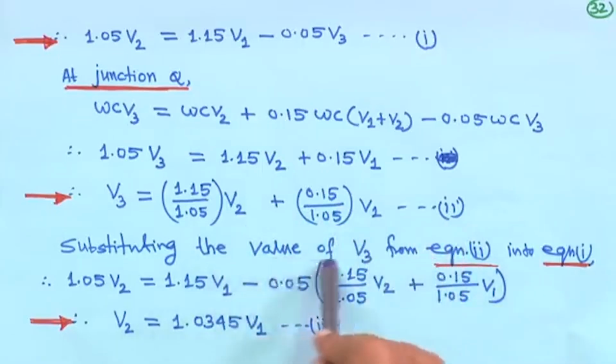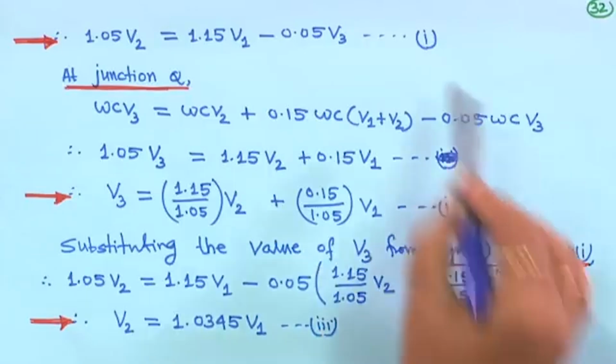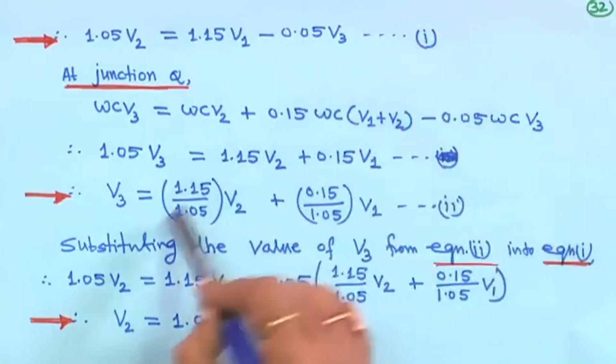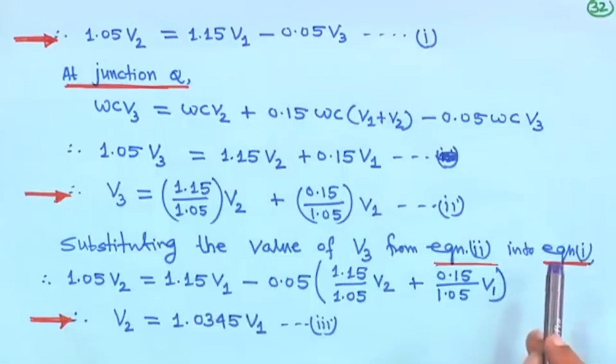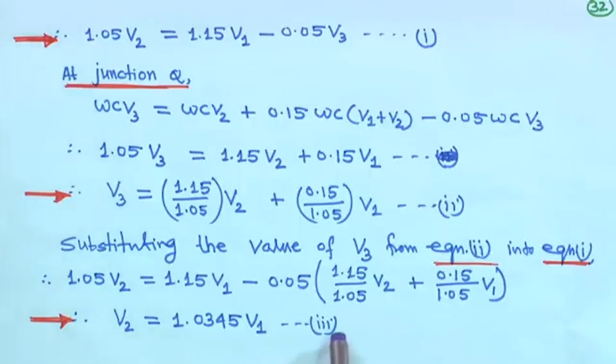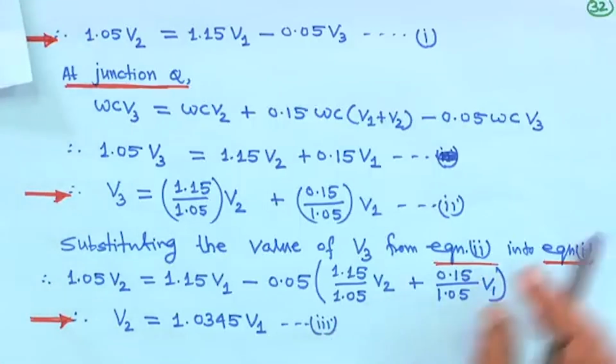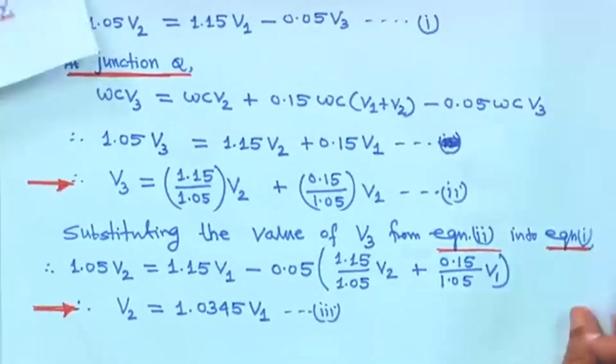So, substituting the value of V3 from equation 2 into equation 1, after substitution you will get V2 is equal to 1.0345 V1. This is equation 3, because you have to solve for V1, V2, V3, just like solving linear equations.